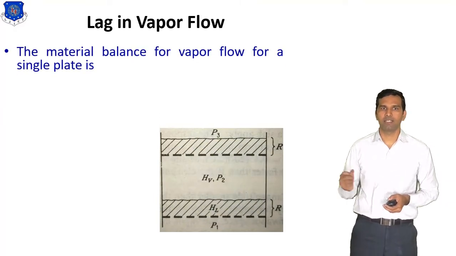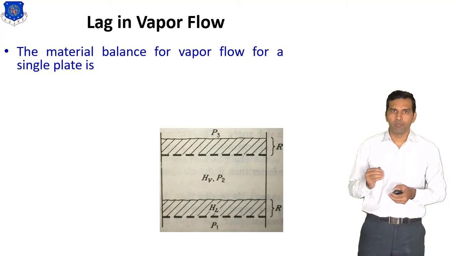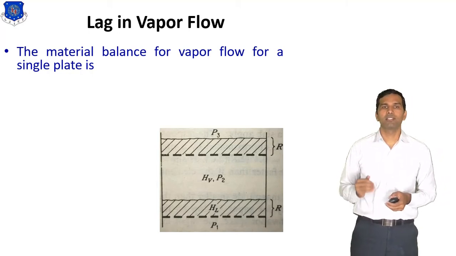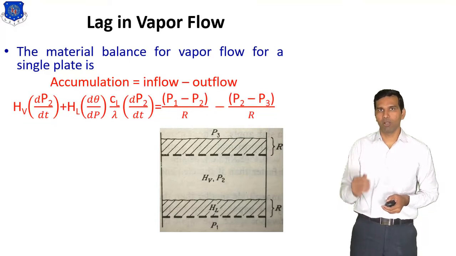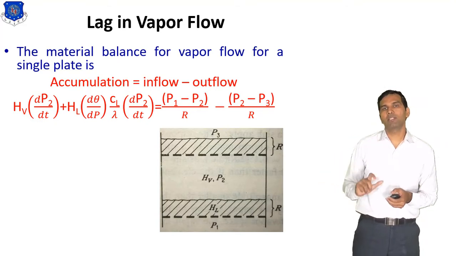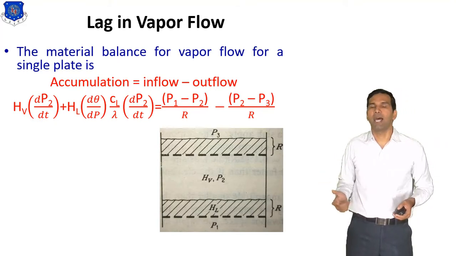See here, this is the diagram. The material balance for the vapor flow for a single plate is given by this equation. As we know, the material balance equation is accumulation equals inflow minus outflow.